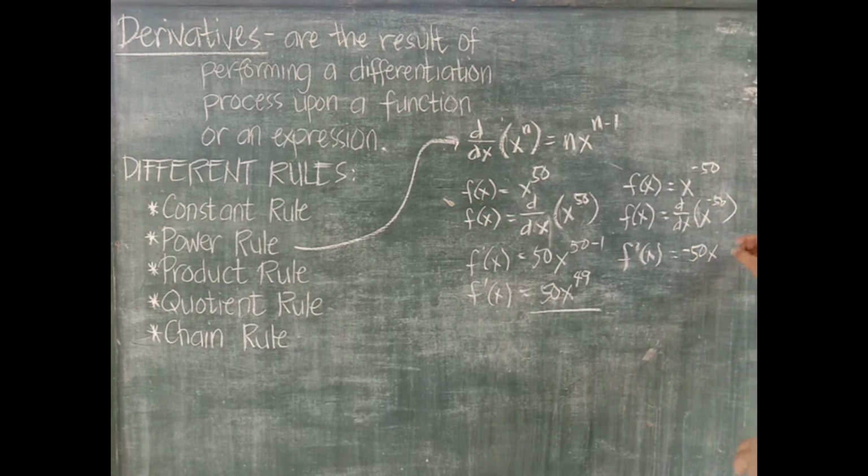Remain the variable, raised to negative 50 minus 1, is equal to negative 50 x raised to negative 51. So it's just like in the positive exponent you just subtract, and in the negative exponent you just add negative 1 to the exponent. So these are the differences.